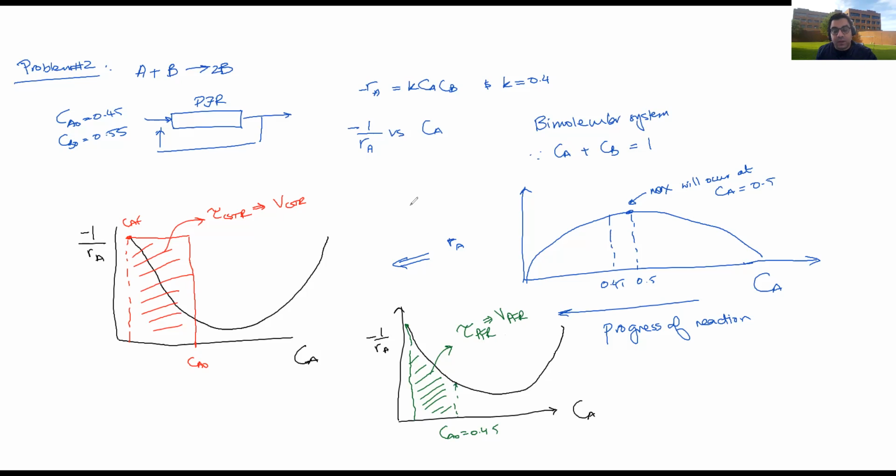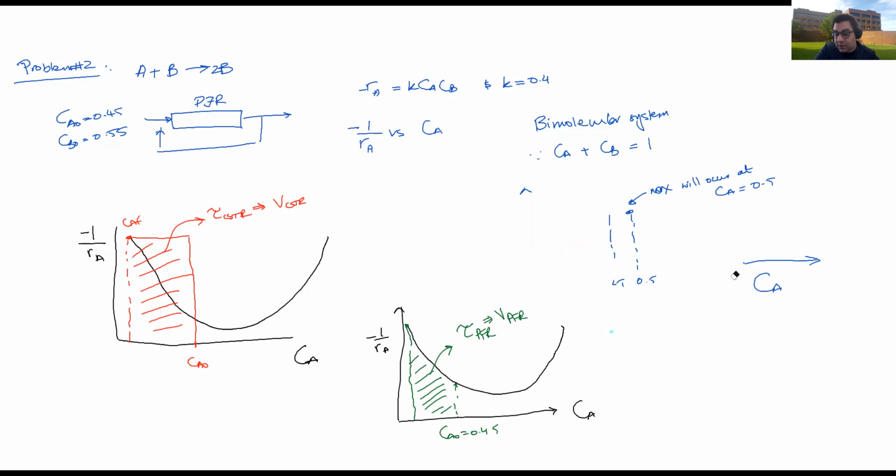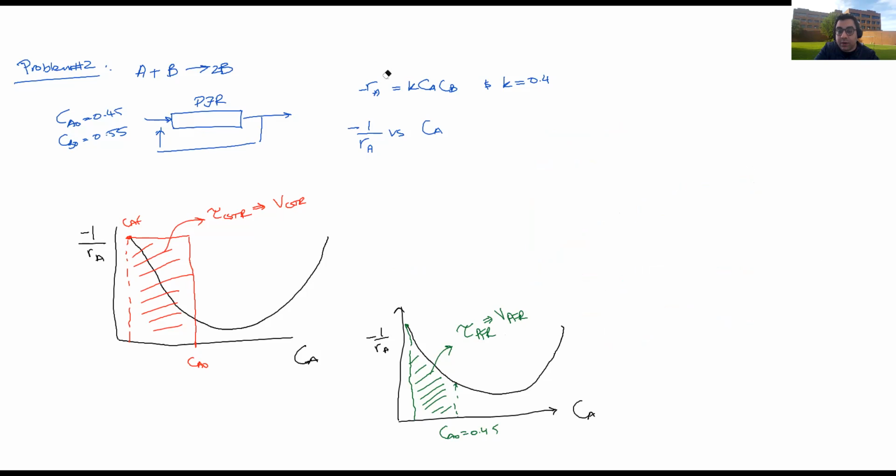And another thing you need to remember, which we've also talked about, is that as you increase your recycle, the volume of a PFR is going to approach that of a CSTR, right? So this is the second thing you need to remember when thinking about these problems. I have a PFR here, and I have a recycle.